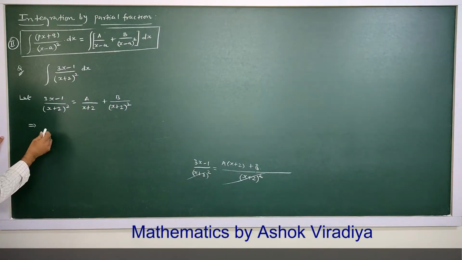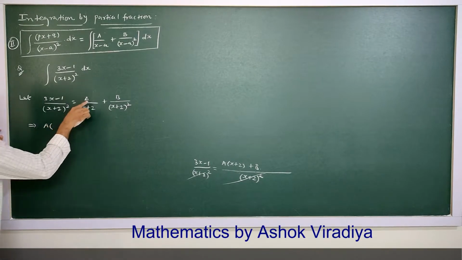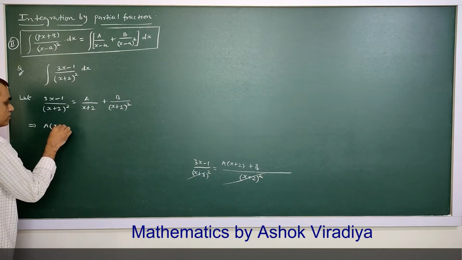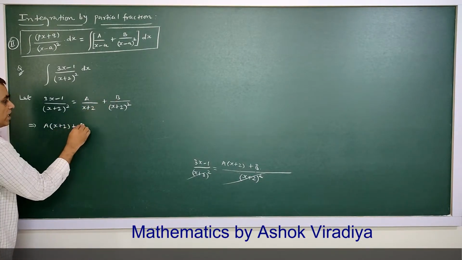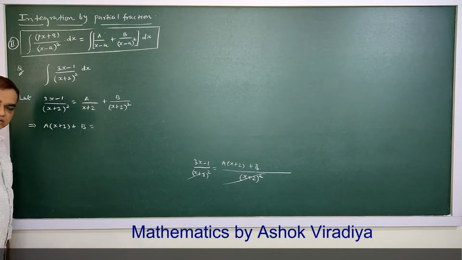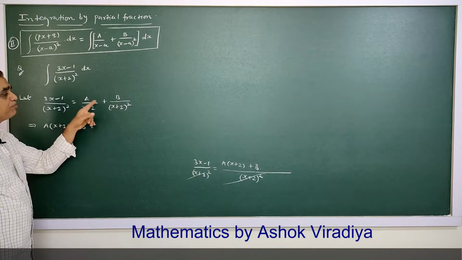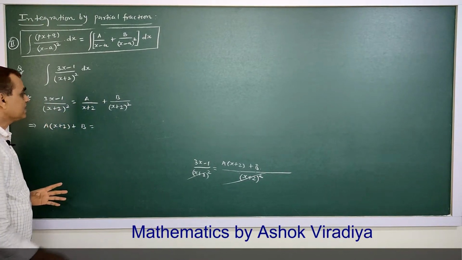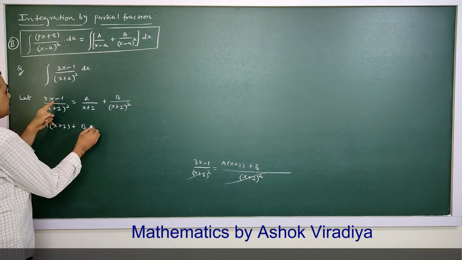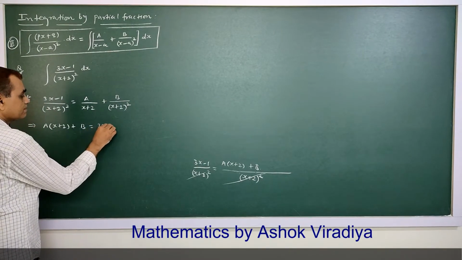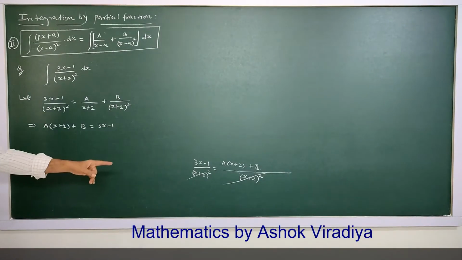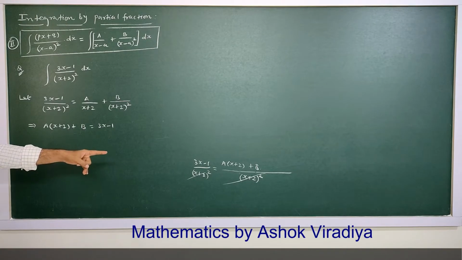So the next step will be a into x plus 2 plus b into 1. a is multiplied with the remaining part of the LCM, b is multiplied with 1, equal to 3x minus 1. So this is the detailed calculation that we are writing here in short.